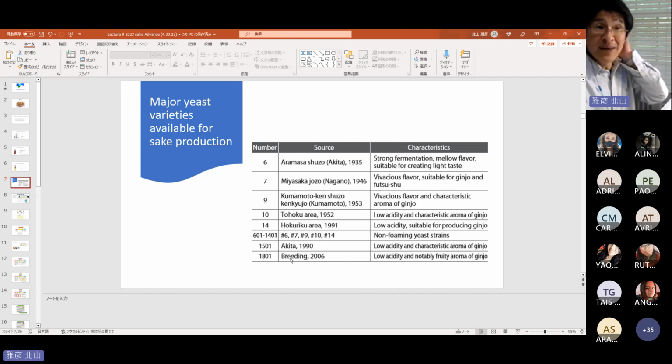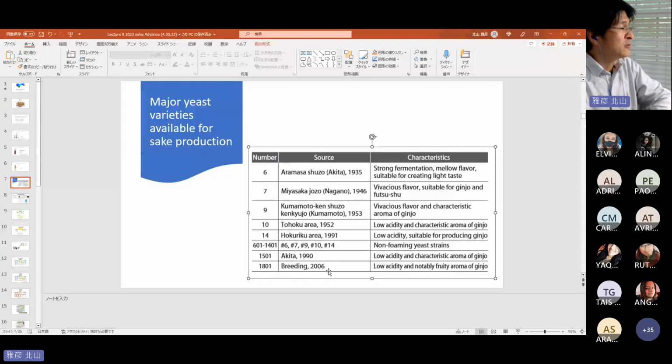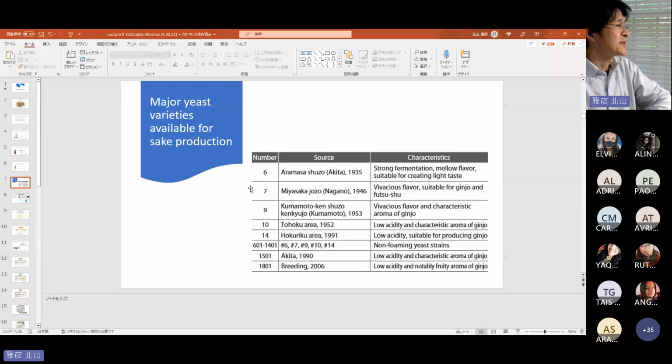Also I made beer by using these yeast strains, and we can make very interesting tasting beer by using these sake yeasts. If we can start lab courses at your university by using these yeast strains, it should be fun to make sake as well as beer.